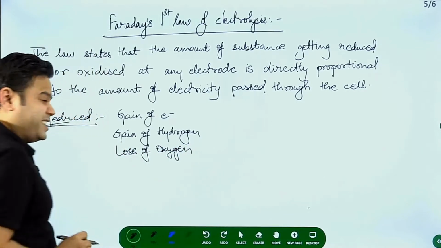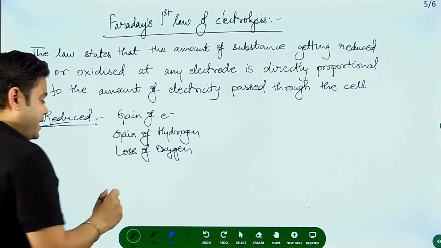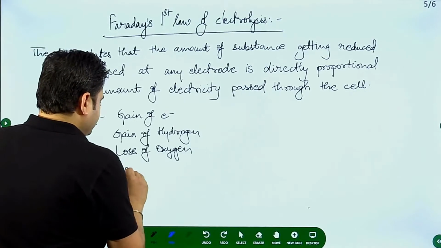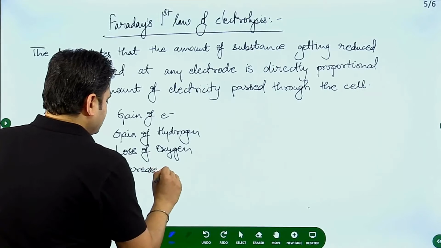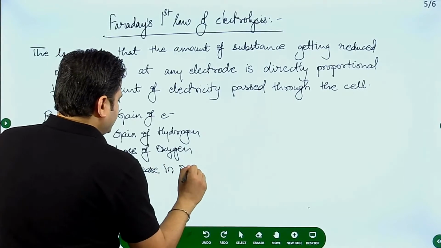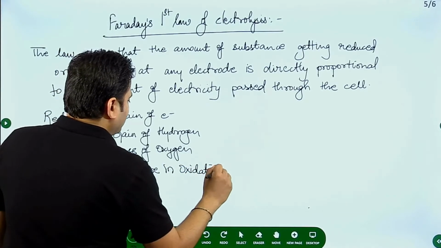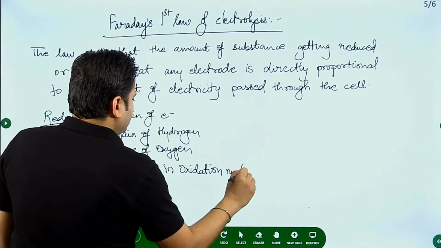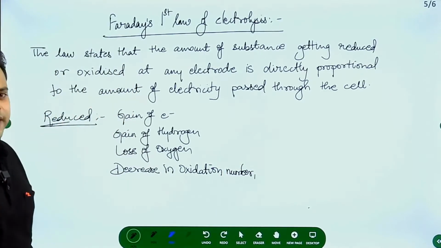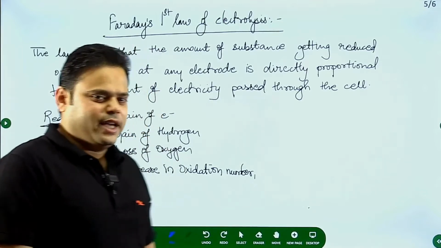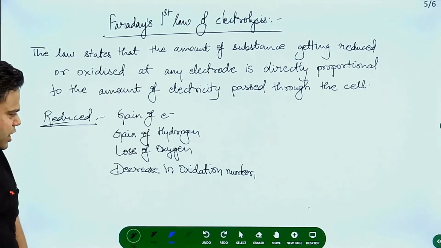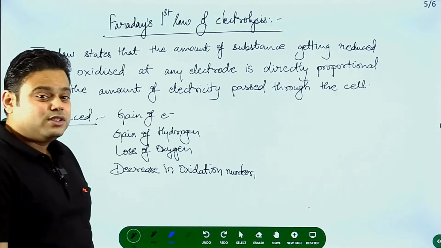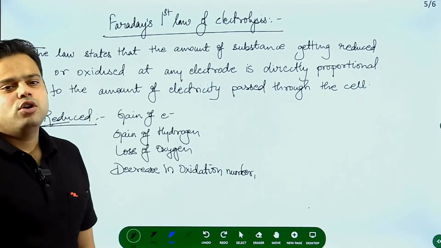Okay, and you can say reduced when there is a decrease in oxidation number. So reduced when there is gain of electron, gain of hydrogen, loss of oxygen, and decrease in oxidation number.